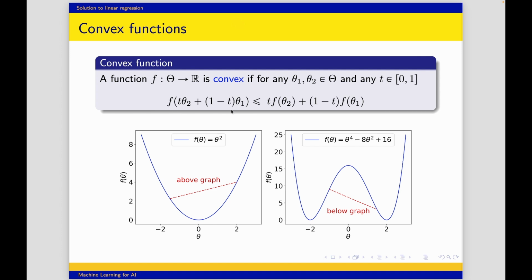So this line segment here would lie along here. So let's start that again. So this point here, let's say this is theta 1, and this point here is theta 2.